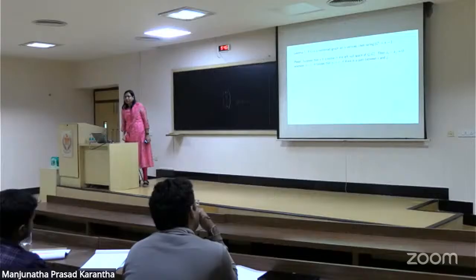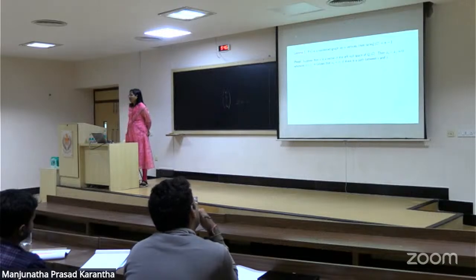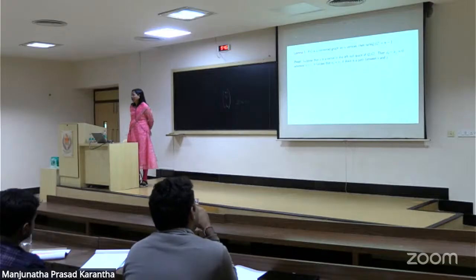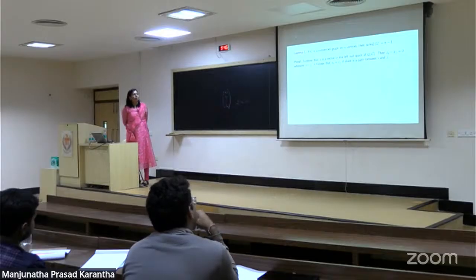How to prove it? Q_G is not a square matrix. If the graph has n vertices and m edges, then the matrix will be n cross m, so it is rectangular.